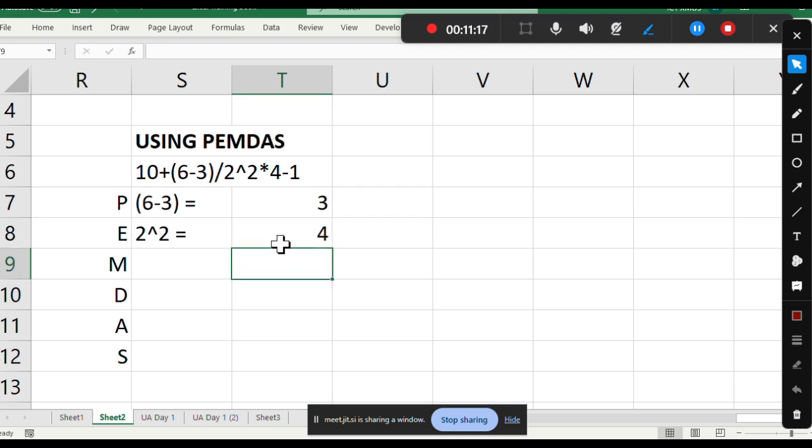And what is it? It is 4. 2 raised to power 2 is 4.